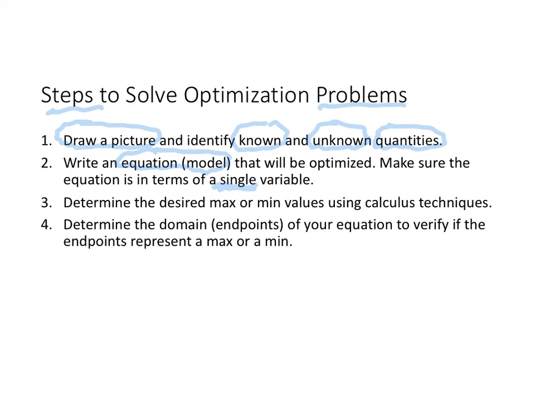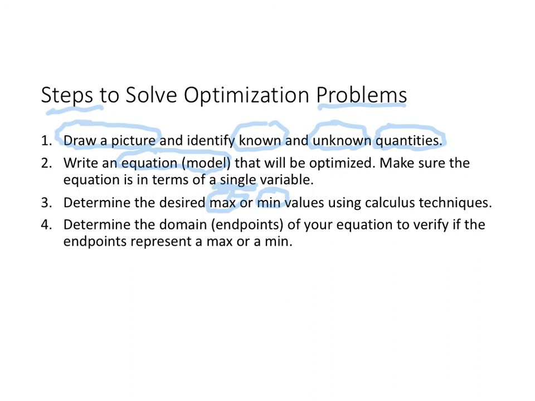Step 3 is to determine the desired max or min values using calculus techniques. In other words, take the first derivative and set it equal to 0 to find critical points. And then the last step is to determine the domain endpoints of your equation to verify if the endpoints represent a max or a min.